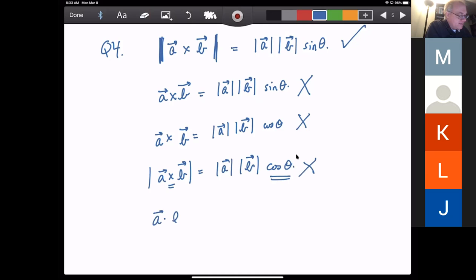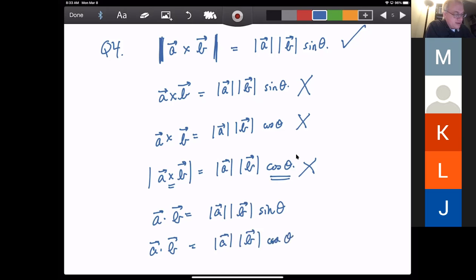We have A dotted with B is A B sine of theta, and A dotted with B is equal to A times B times cosine of theta.